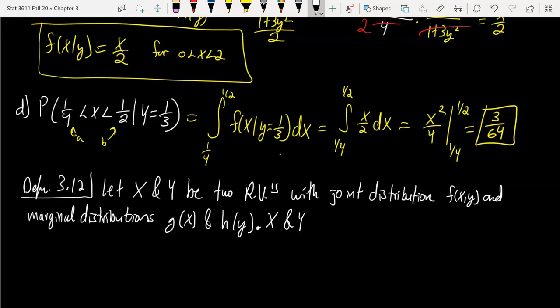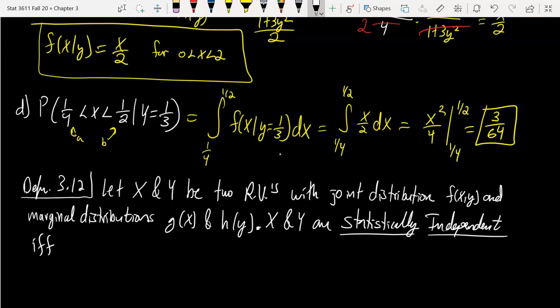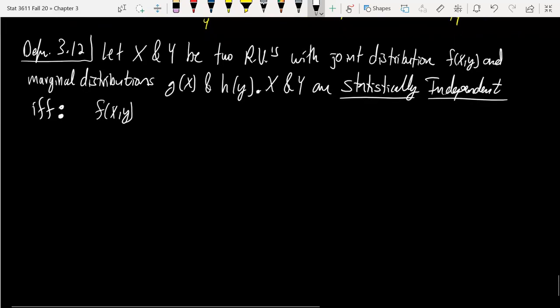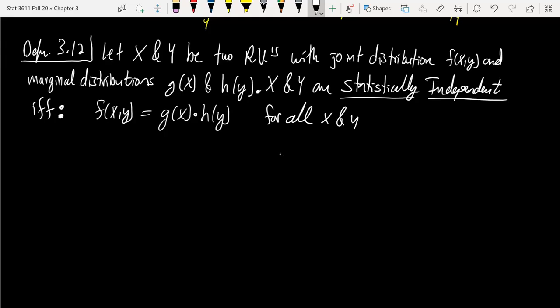Okay, so x and y are statistically independent random variables if and only if f of xy is equal to, let's be careful, g of x times h of y for all x and y.